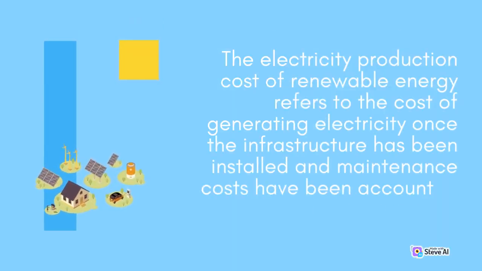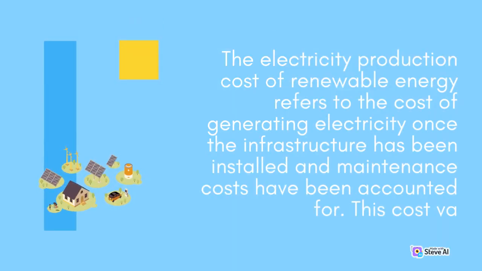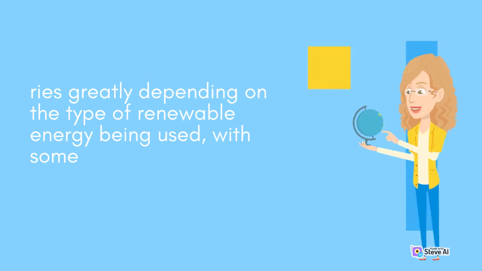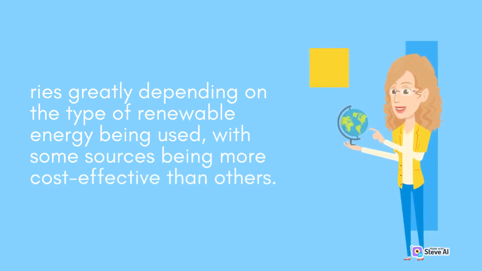The electricity production cost of renewable energy refers to the cost of generating electricity once the infrastructure has been installed and maintenance costs have been accounted for. This cost varies greatly depending on the type of renewable energy being used, with some sources being more cost-effective than others.